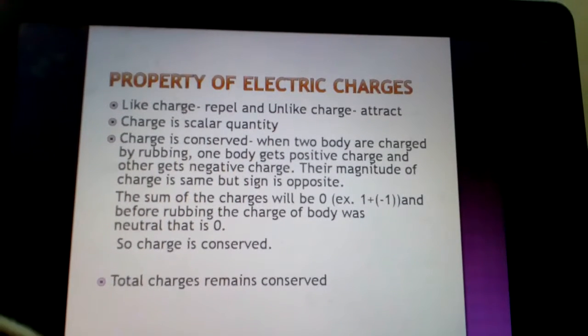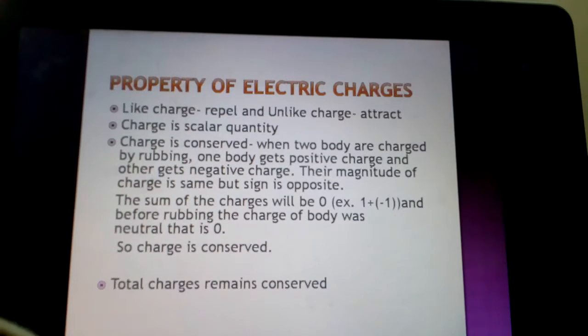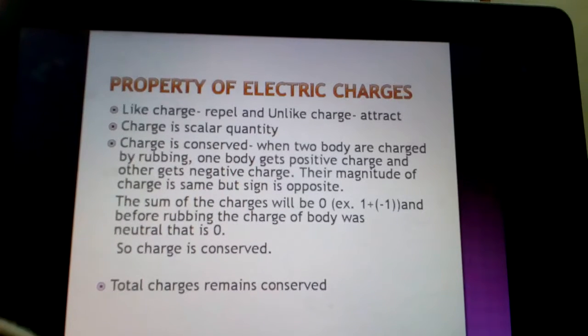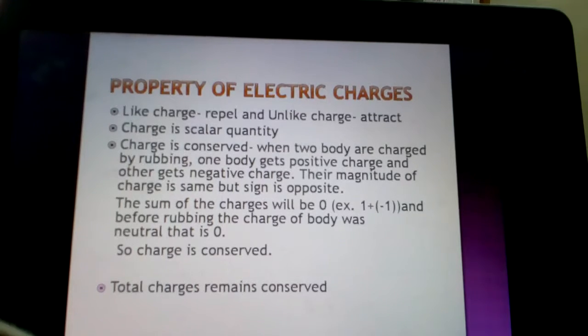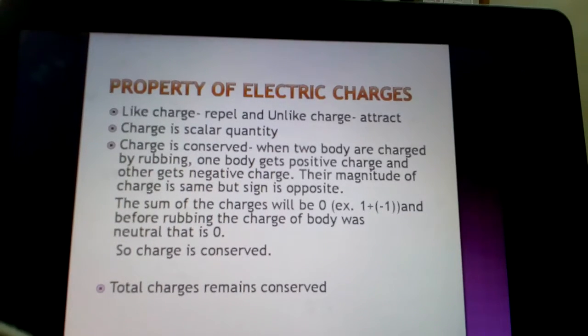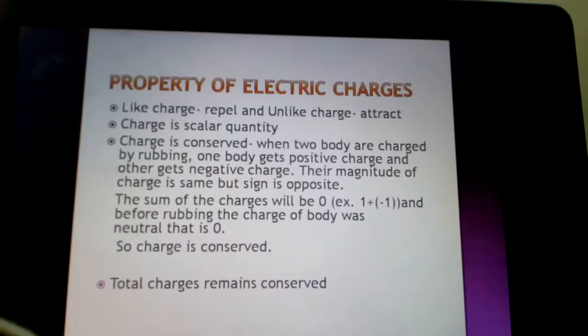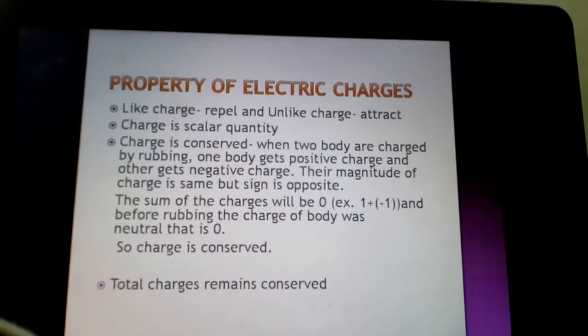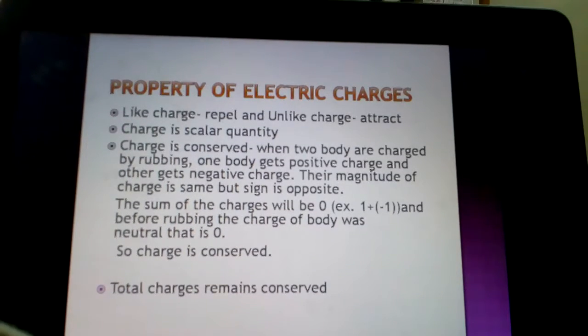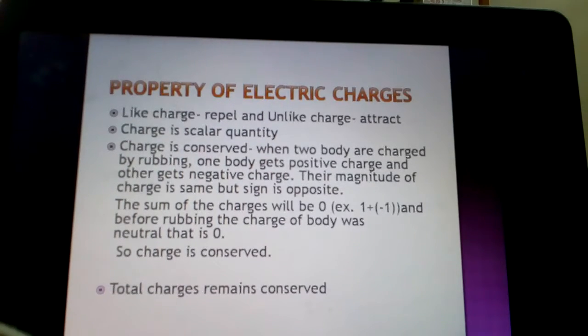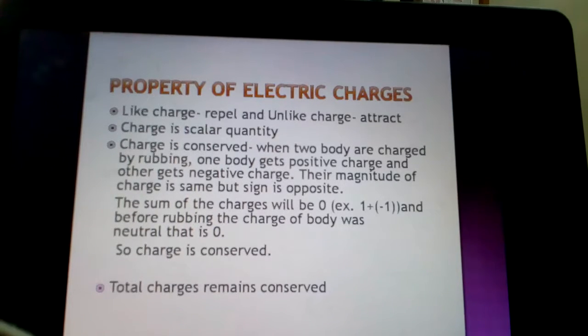The resultant charge after the interaction, after the rubbing, becomes 0, and this is equal to the charge that was there before the interaction. We had taken two neutral bodies for rubbing, so they had charge 0, and after the interaction the resultant charge is also 0. This means that charge is conserved; charge is neither created nor destroyed.